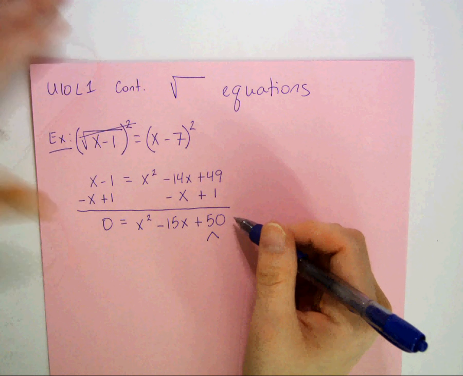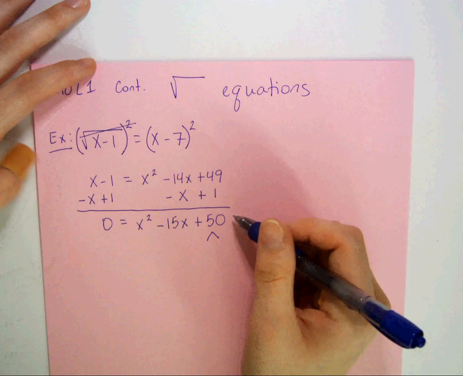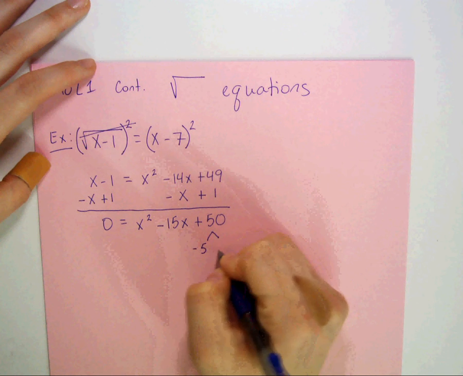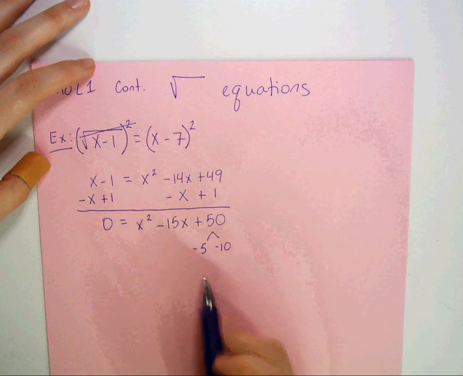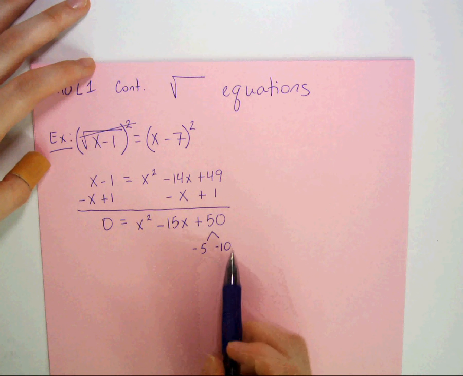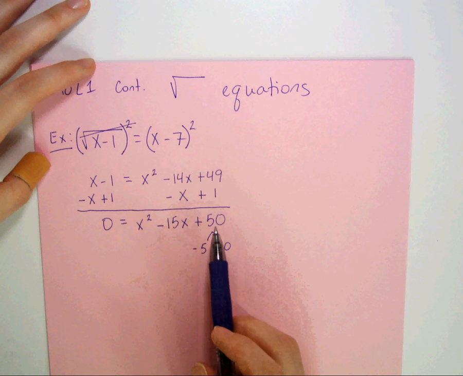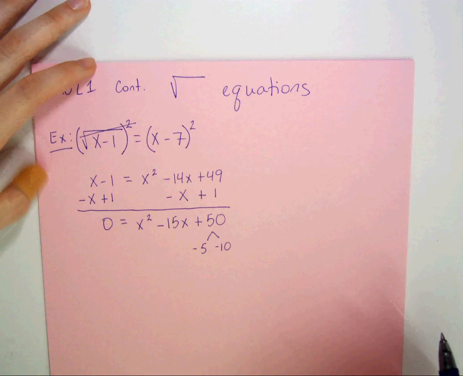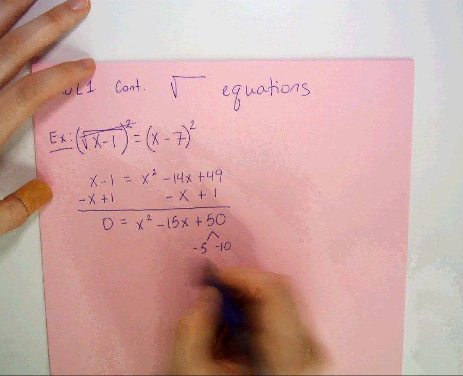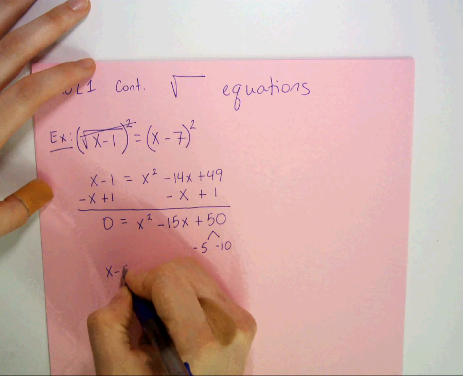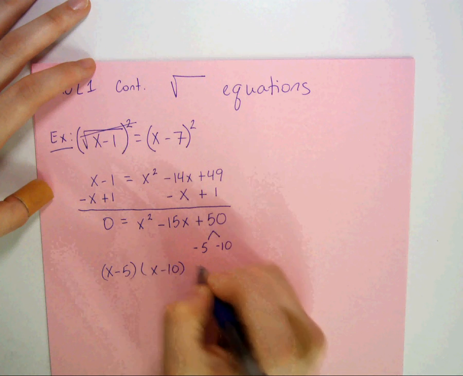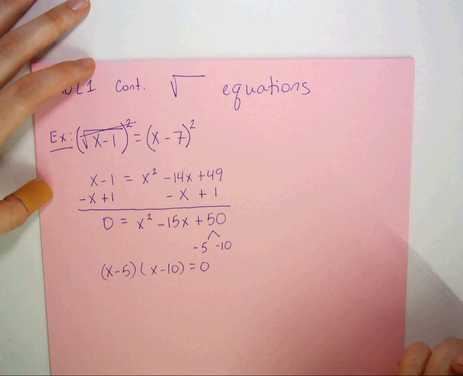So what do I multiply together that gives me positive 50? I'm not going to list them all, but in this case, negative 5 and negative 10. Negative 5 times negative 10 definitely gives me positive 50, and negative 5 plus negative 10 gives me negative 15. So I end up with my factors, x minus 5 and x minus 10 equals 0.